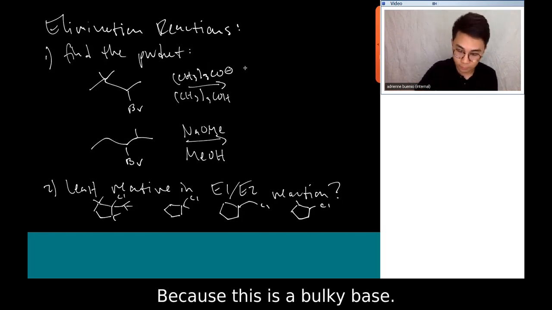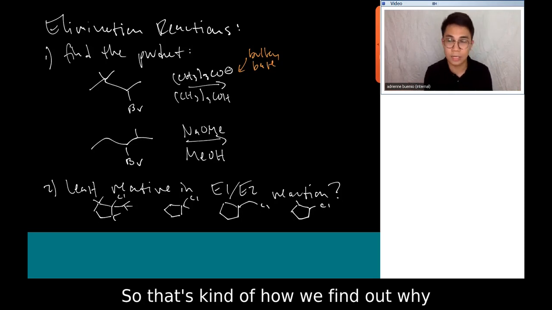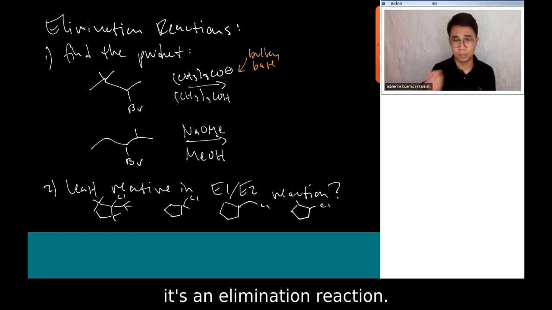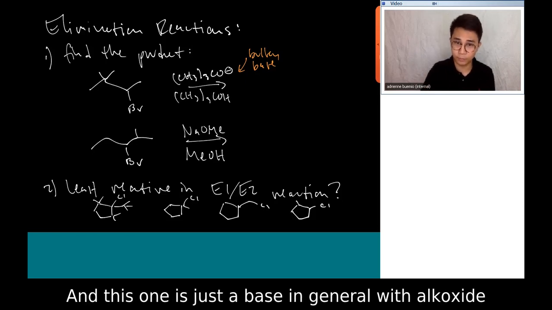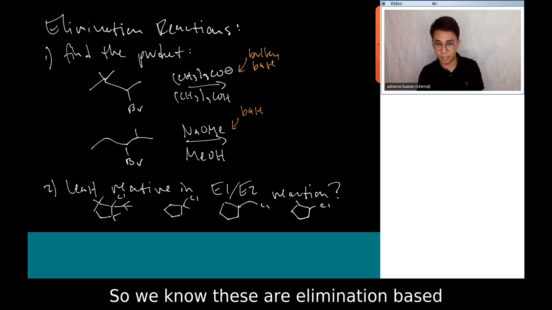Because this is a bulky base. And this one is just a base in general, with the alkoxide and things like that. So we know these are elimination based on that.